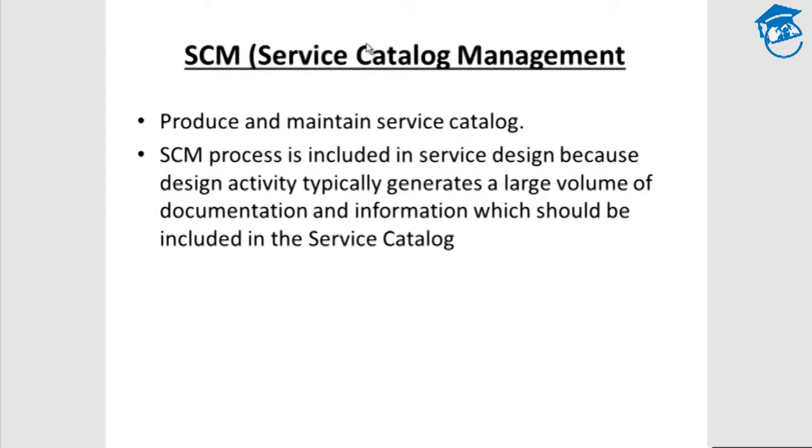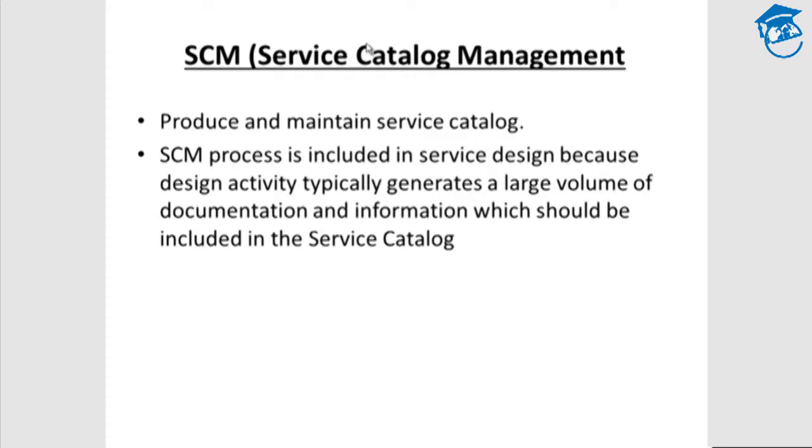It is mainly for internal use. So service catalog management contains two types of catalog: the business catalog and the technical catalog. The main aim is to produce and maintain the catalog, and that is done by the service catalog management module or team.